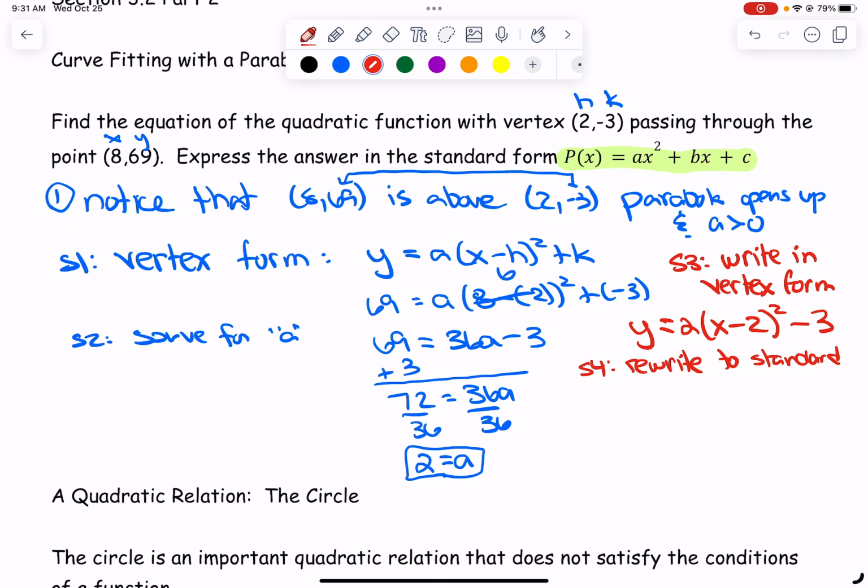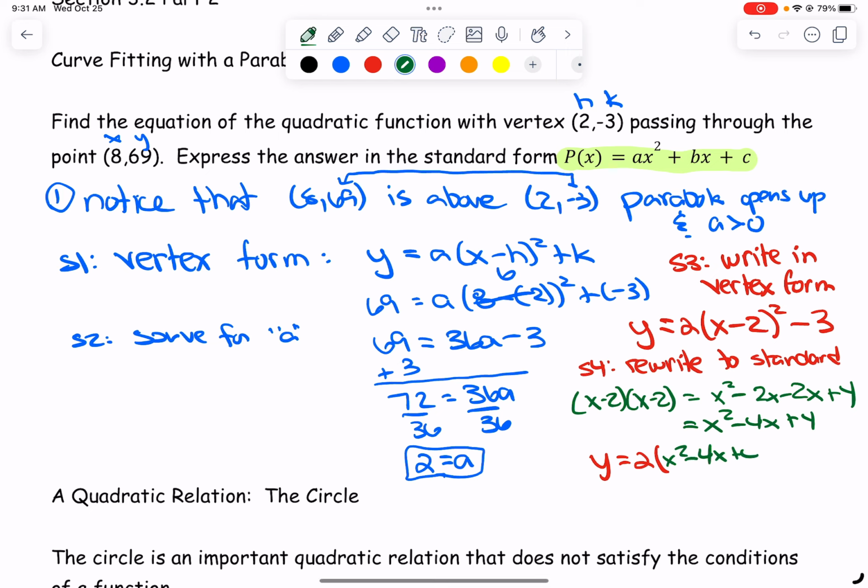So the first thing we have to do, let me change colors here, is we have to take x minus 2 and square it. So that's (x minus 2) times (x minus 2), which if we FOIL this out, we get x squared minus 4x plus 4. So back to our problem, I'm going to replace the (x minus 2) squared with x squared minus 4x plus 4.